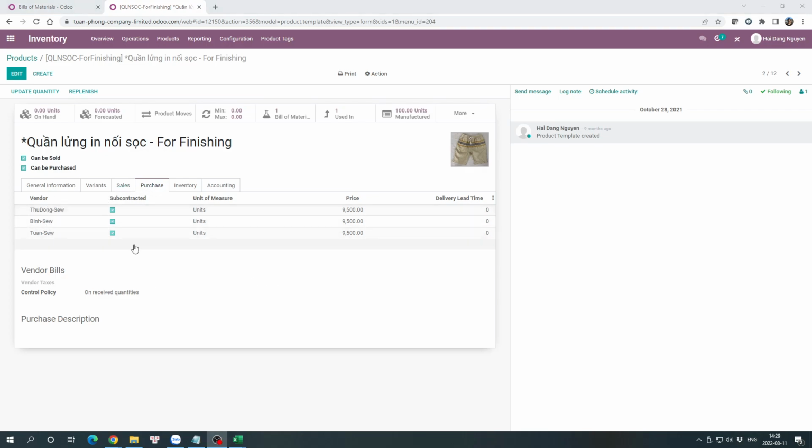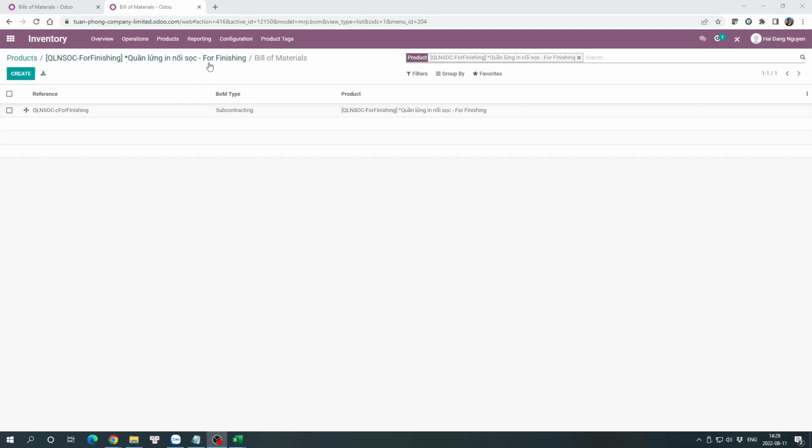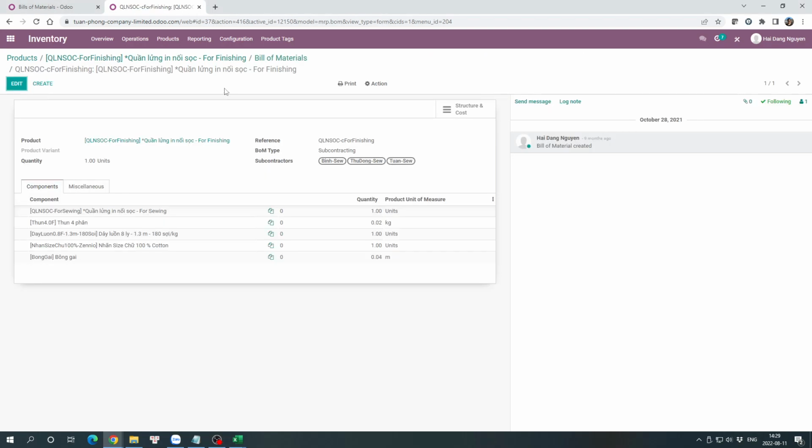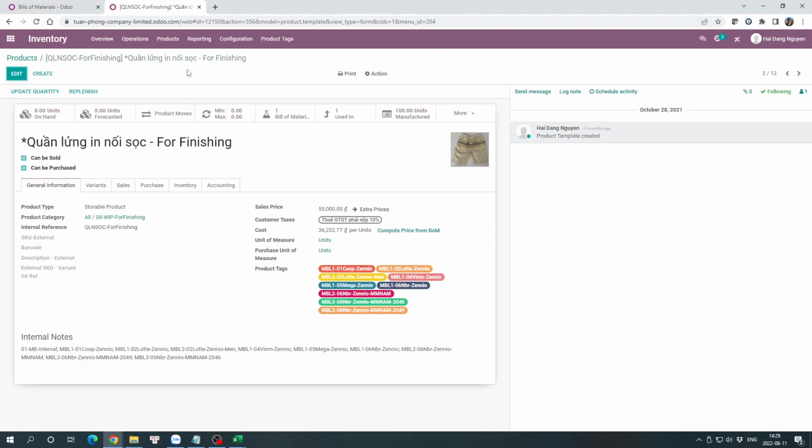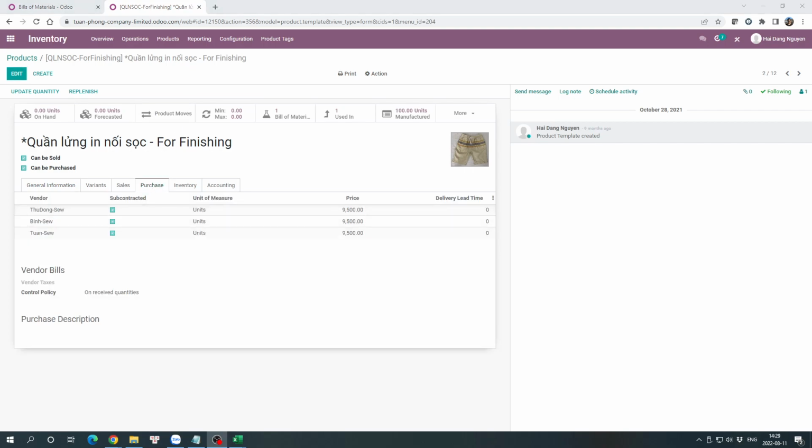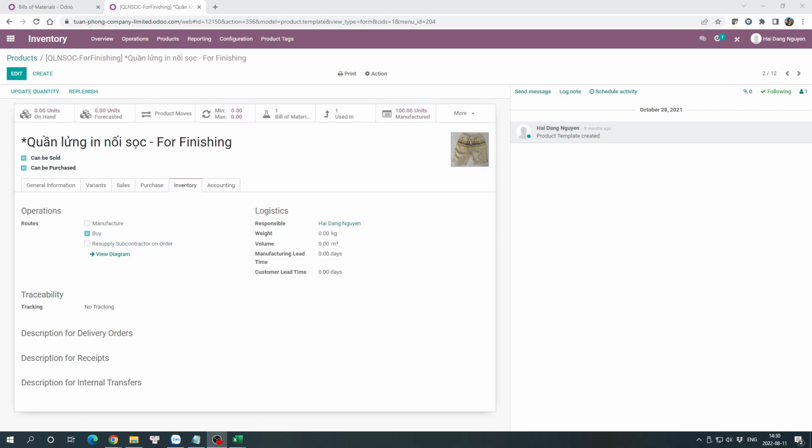These guys would be ticked as subcontractors instead of normal vendors. It's like you're subcontracting things to them, you're not buying things directly from them, because in this bill of material, and over here, this box is unticked because the next stage, what is it used in?